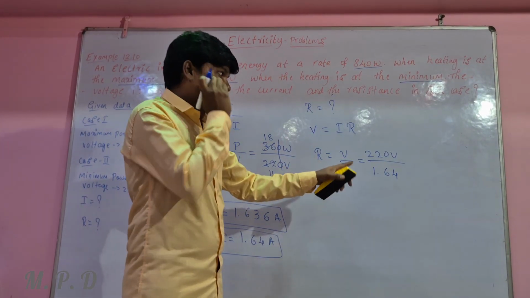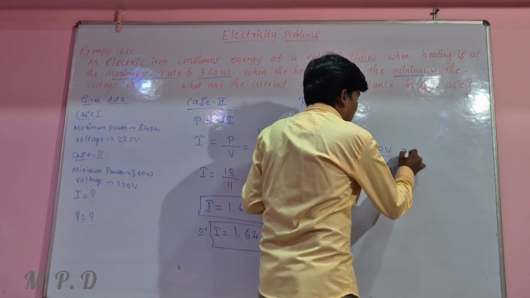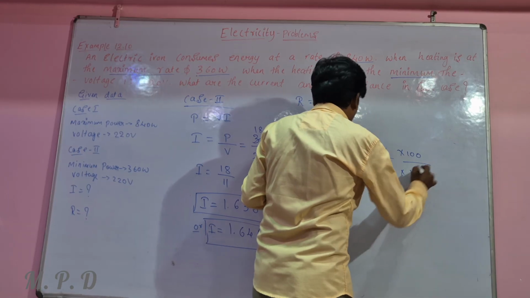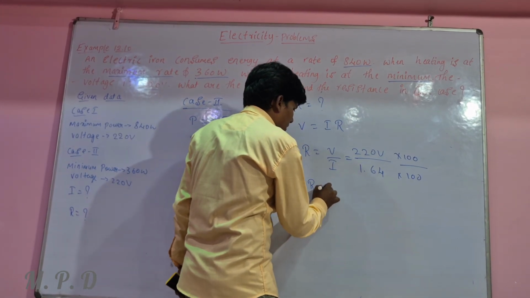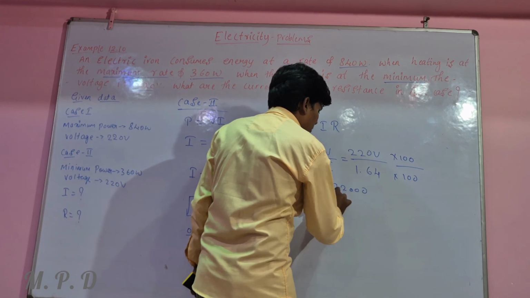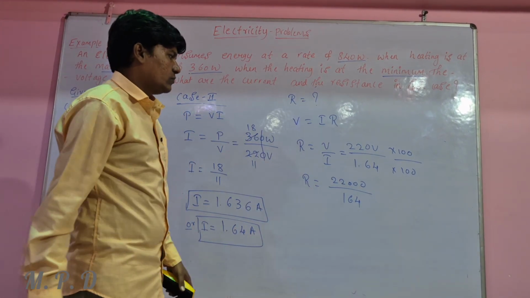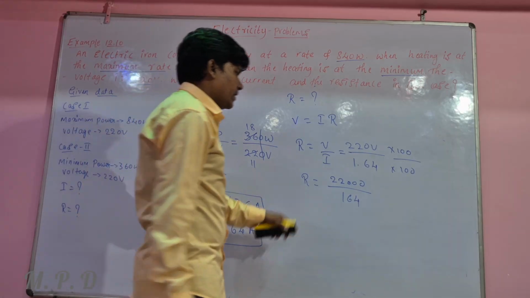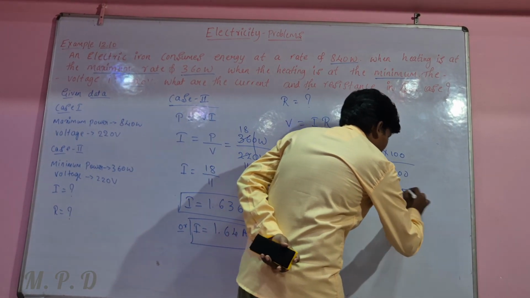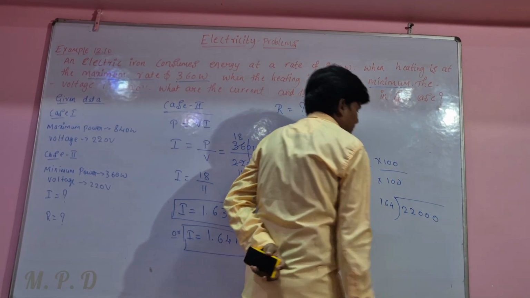On both sides we have to multiply by 100. The number becomes R is equal to 22,000 divided by 164.